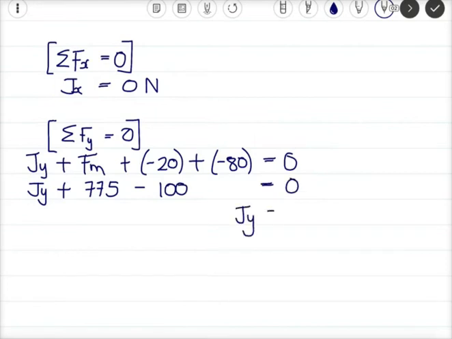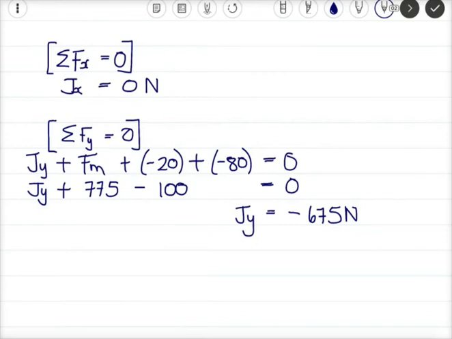We can rearrange that such that the joint force has a negative sign and a magnitude of 675 newtons. So that simply means that we've designated Jy up, and in actual fact it's pointing downwards. So we don't need to do anything, we can leave it at that.